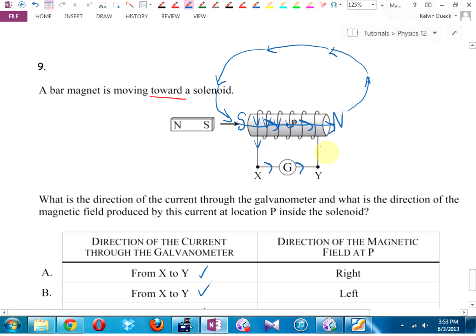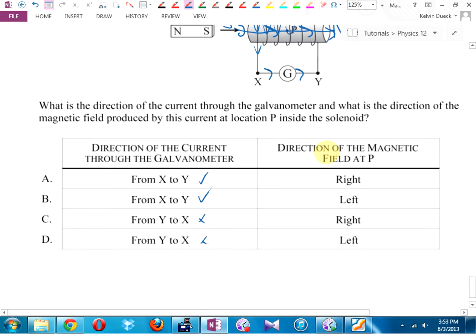It also tells you which end of the solenoid is north, but that continues inside as well. The magnetic field inside the solenoid is pointing to the right. Above on the outside, it's pointing to the left. Below on the outside, it'd be pointing to the left down, but inside, it's pointing to the right. Yes, no, cross out, cross out, cross out, woohoo.